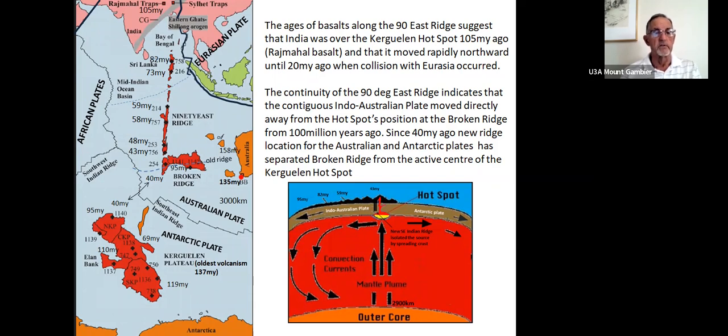So there's been northward movement of everything away from the Kerguelen Plateau. This takes a little bit of thinking out and plotting, but it's pretty much the same principle.